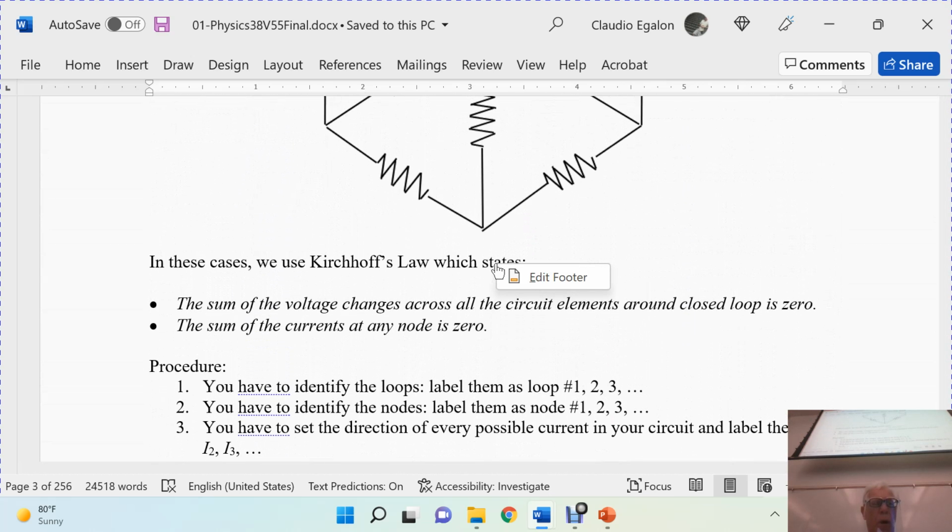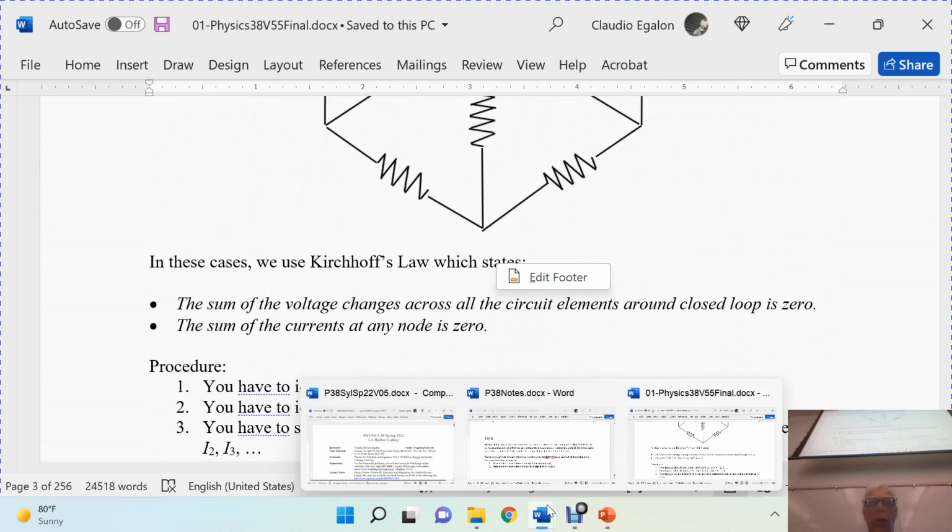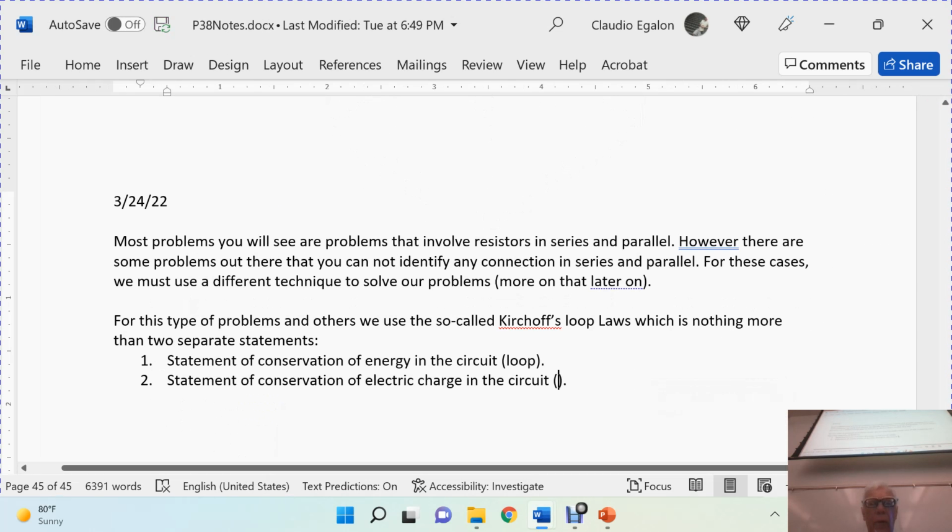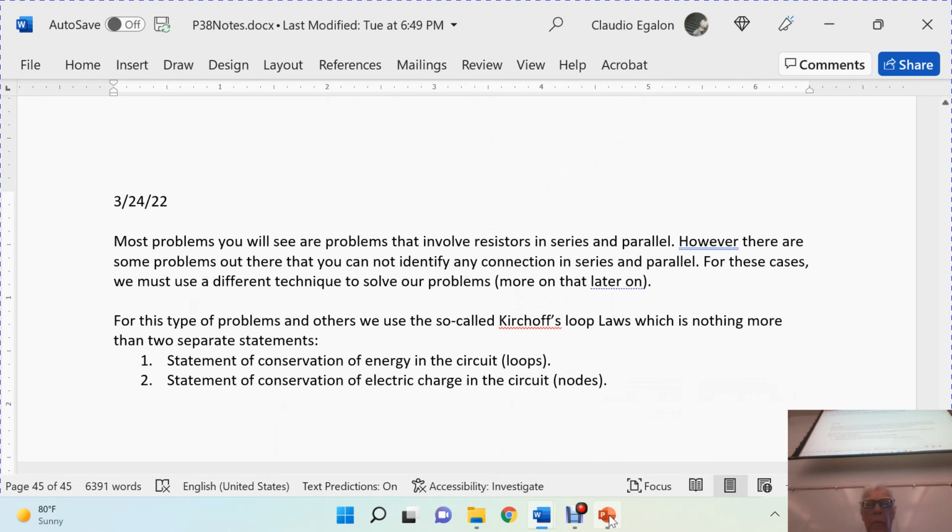Kirchhoff loop law: we have loops and nodes. This is a very powerful technique to solve almost any problem.